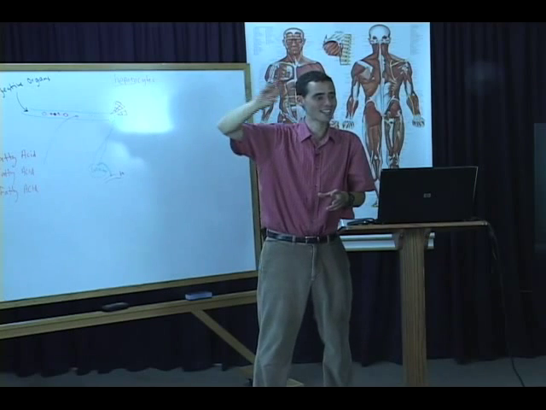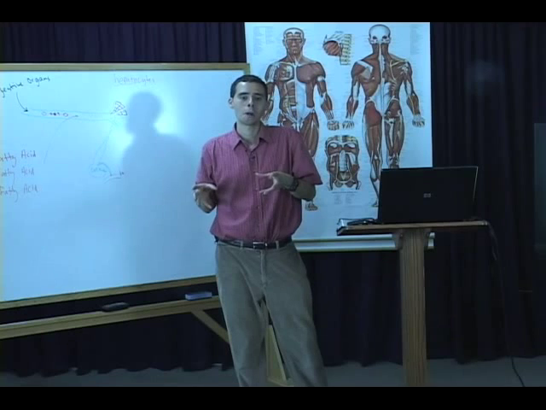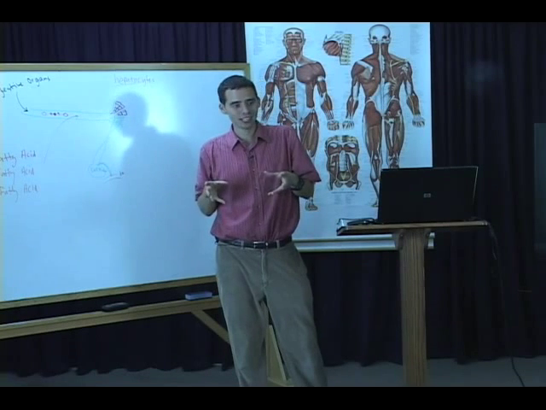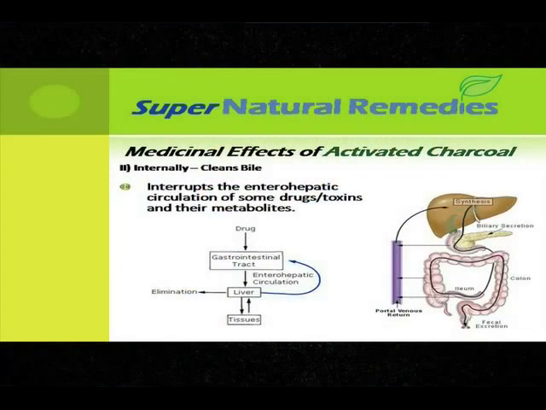It's a racetrack, isn't it? What if you could catch things while they're in the small intestine and take them out? Well, activated charcoal can do that, because it interrupts this recirculation process. This is known as the enterohepatic circulation.